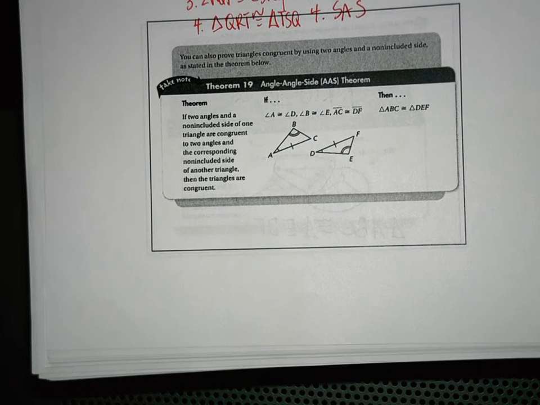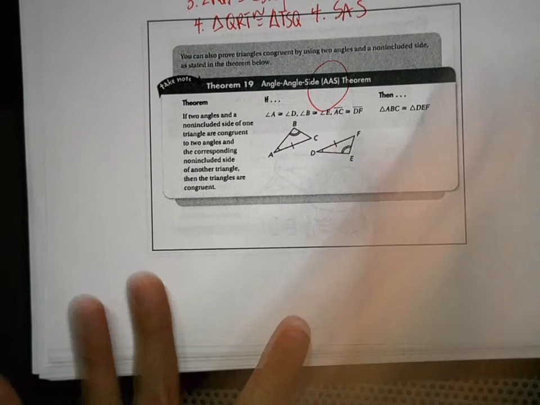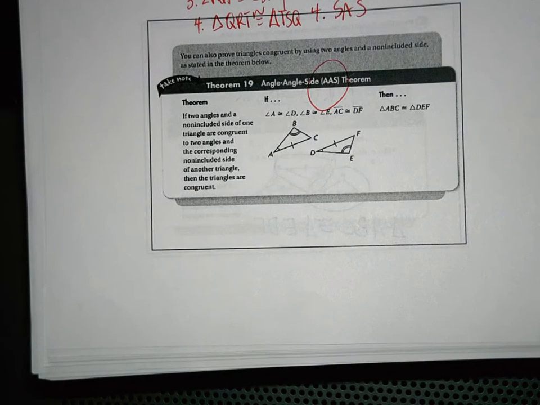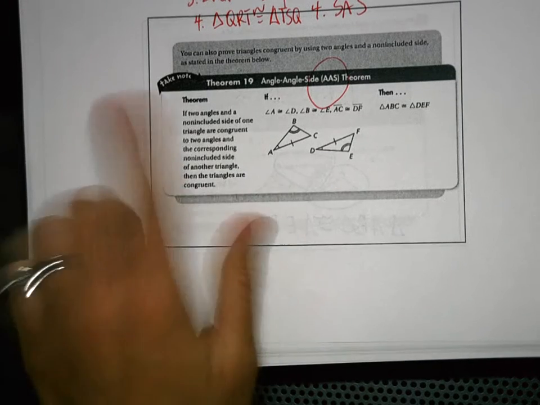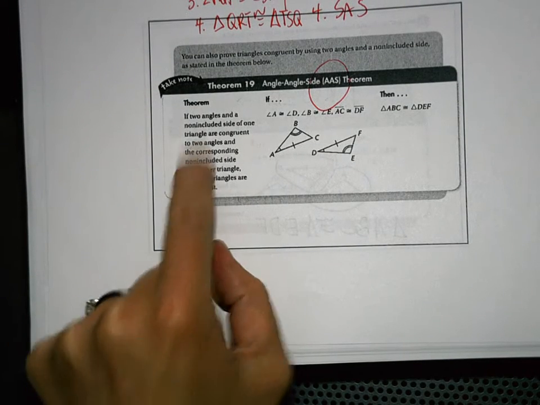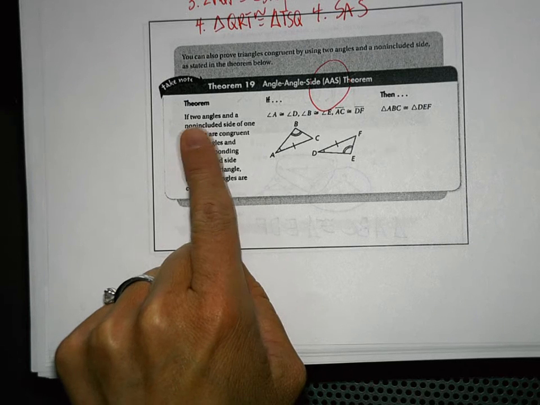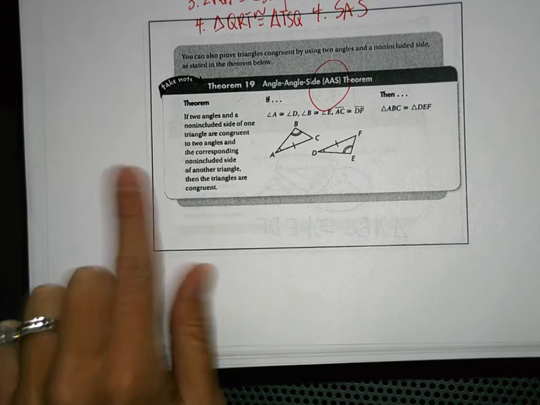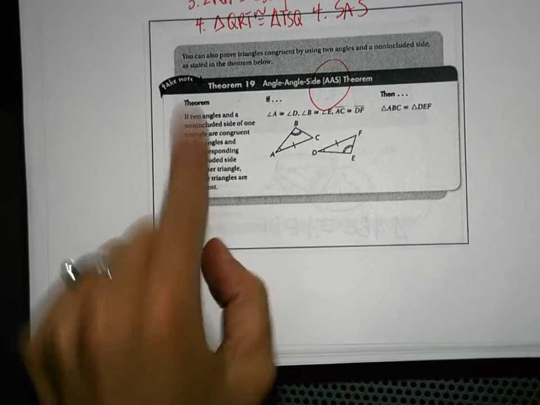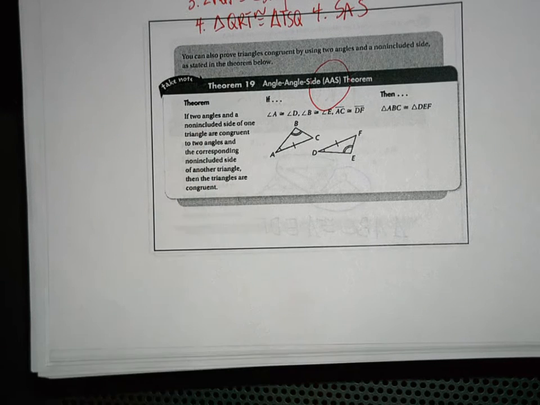So this one, they're talking about angle, angle, side. So read through this left side right here. In fact, can I get somebody to read out loud while we follow along? Okay, Holly. Read the theorem. Yeah, just right underneath here where it says if two angles. Two angles and a non-included side of one triangle are congruent to two angles and the corresponding non-included side of another triangle, then the triangles are congruent.